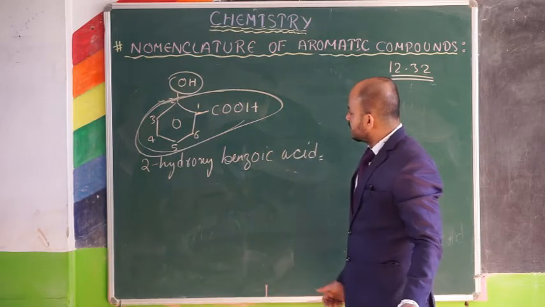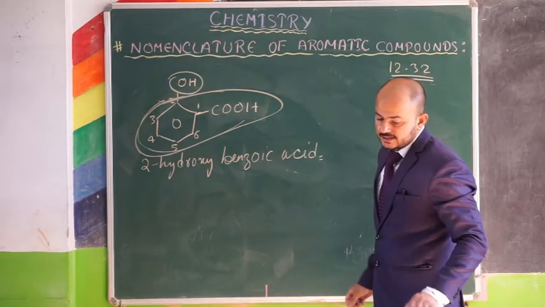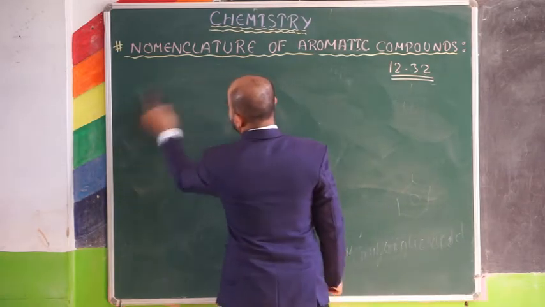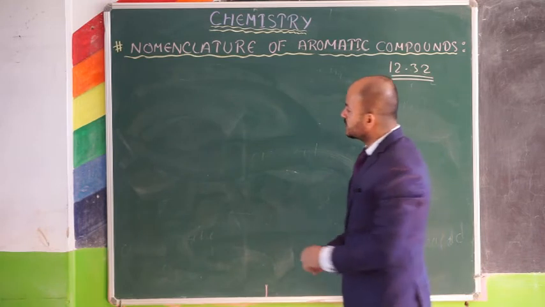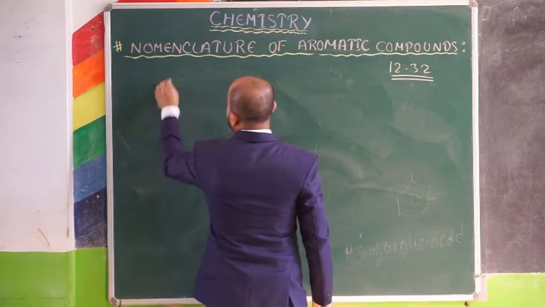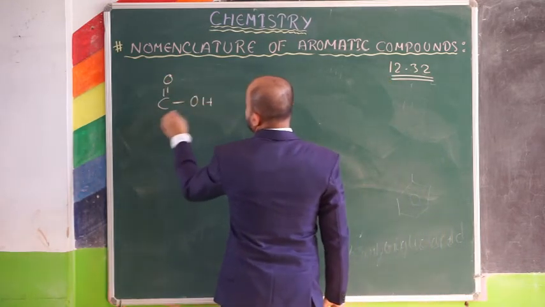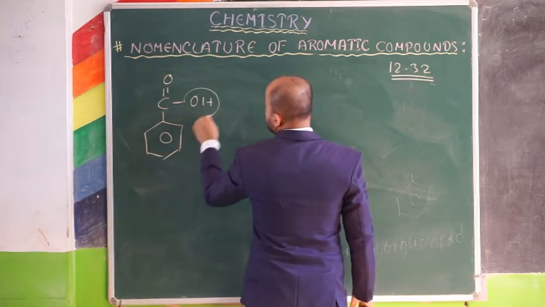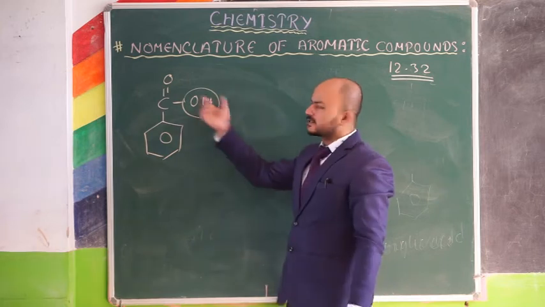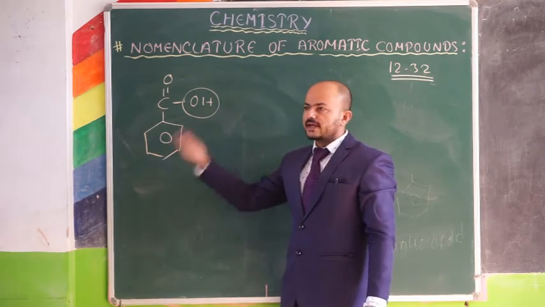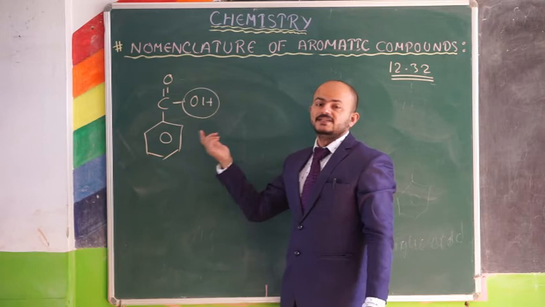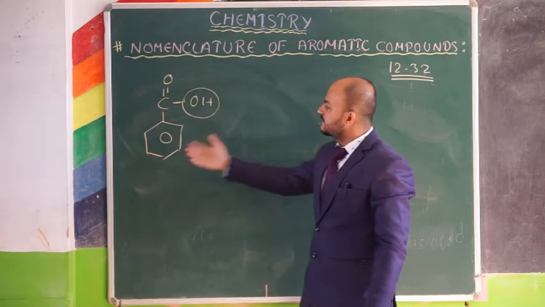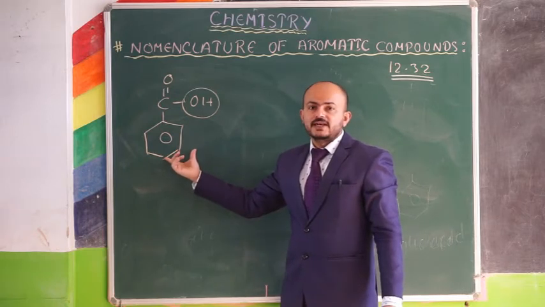Now let's discuss acid derivatives. In acid derivatives, you have different derivatives of acid. What do you understand by derivative? Whenever you have COOH in the benzene ring, this is benzoic acid. Now whenever this OH is replaced by different groups like halogen or NH2, then you get a derivative of the acid, because those compounds are derived from this benzoic acid.